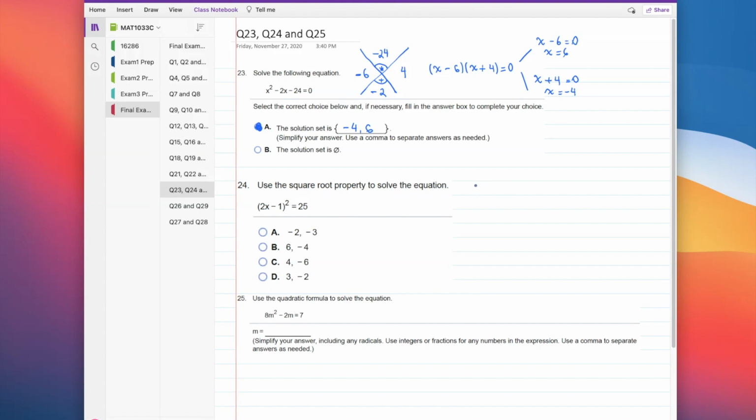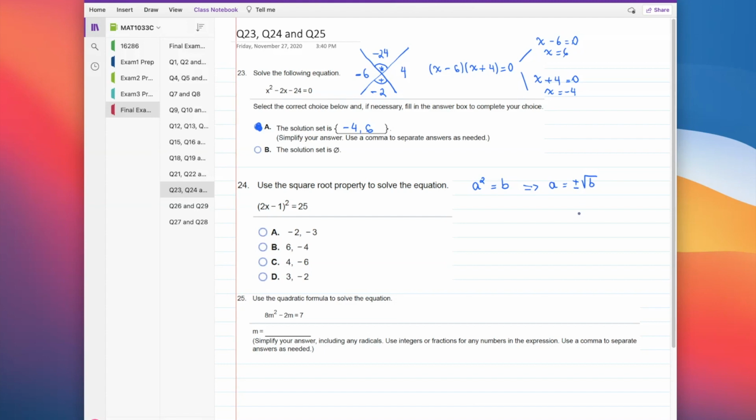So you have to understand that if I have a number squared and say that is b, it means that the number is the square root of b, positive or negative.